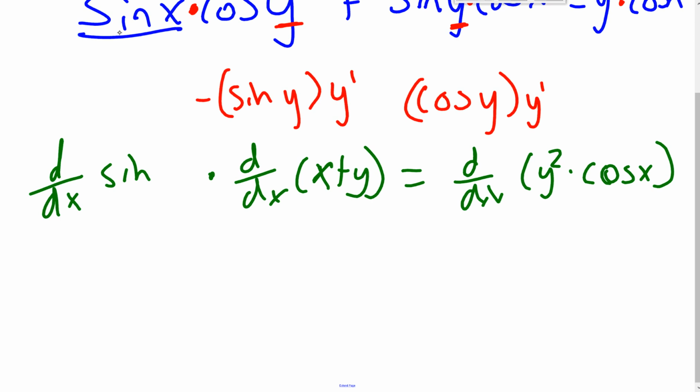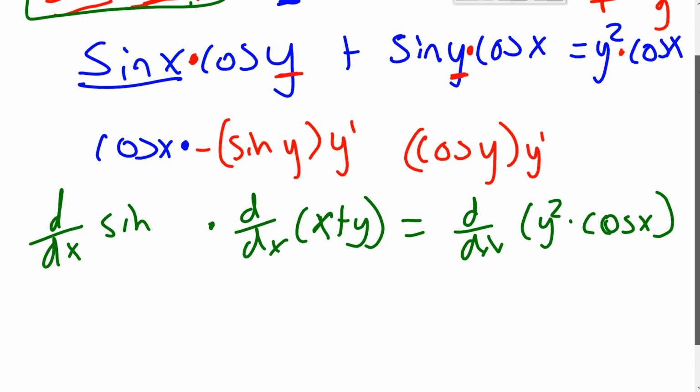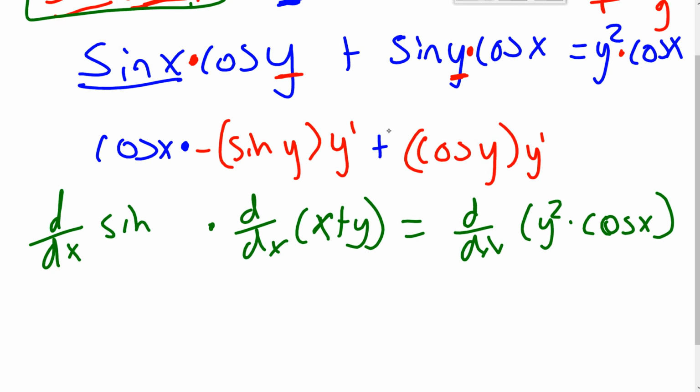The derivative of this one is just cosine, right? And this is multiplication, multiplying there. This is addition. But here I have to do product rule, right? So I have to do product rule there again. And here actually I have to do product rule.